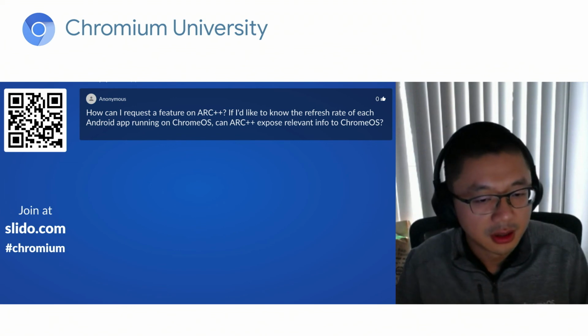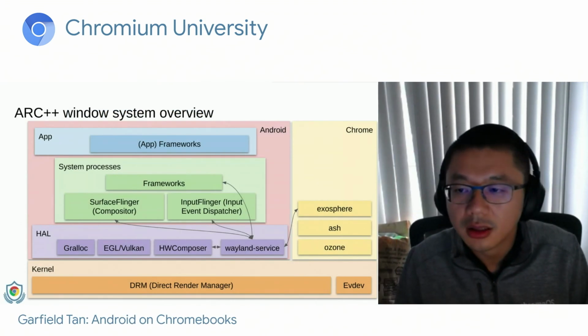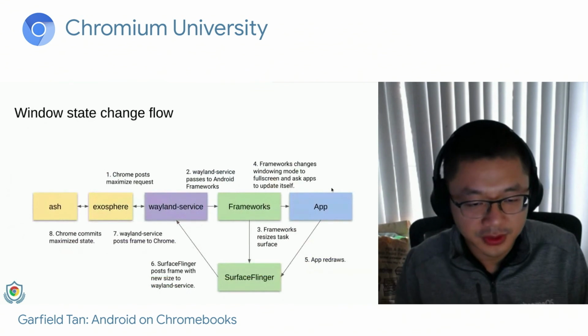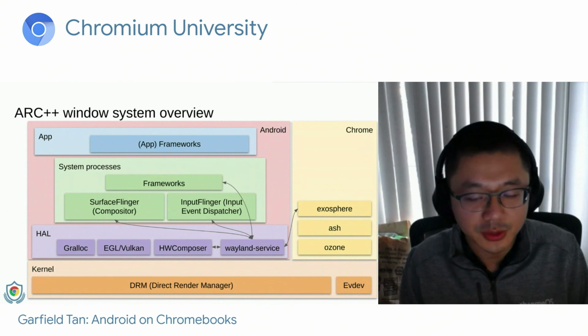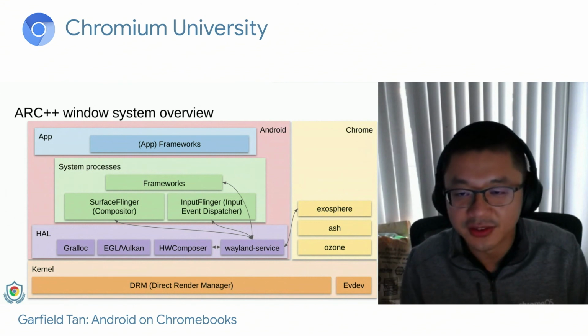Here, it's actually Chrome that drives the graphic buffer swaps. Android is kind of passive behind the scenes, so Chrome OS already knows the refresh rate of the Android application.